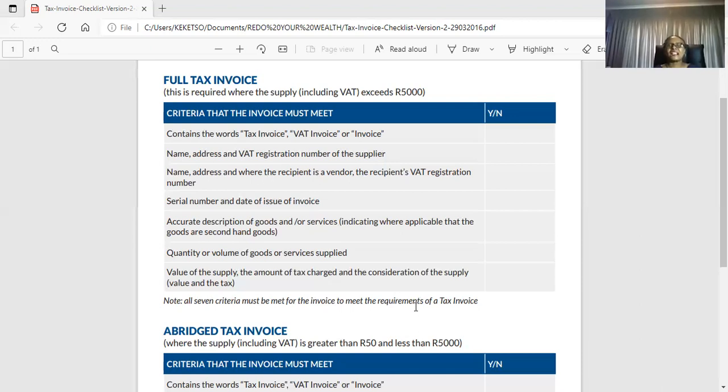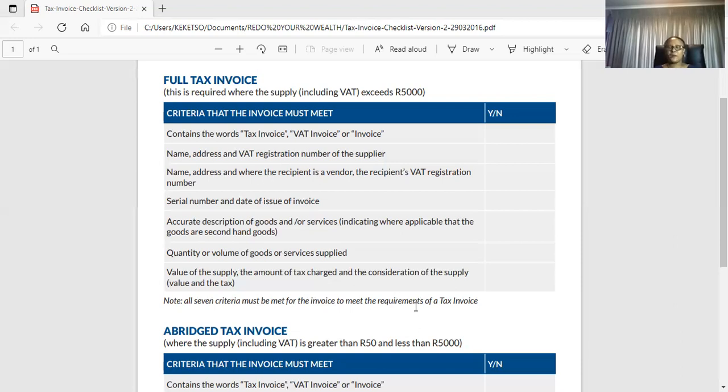There must be a clear and accurate description, so that if anyone wants to go to where these goods were supplied, they look for yellow pens because it's written there. If you say black pens, they must be black pens. If you supplied computers, you've got to write that it was Samsung computers or Neo computers, so that if we have to check, we know to look for Neo computers. That's the reason there must be an accurate description of the actual goods provided or services offered.